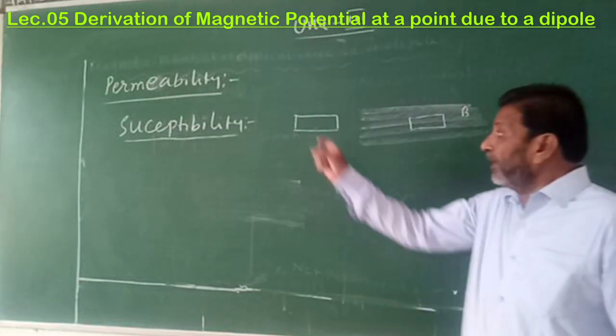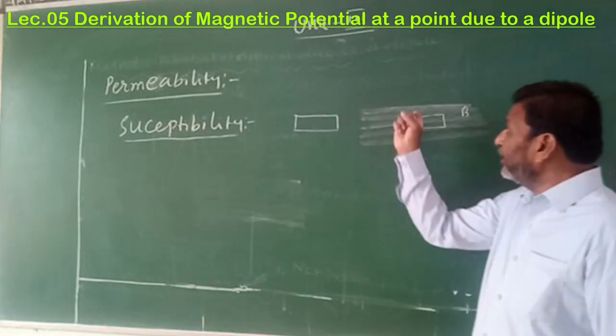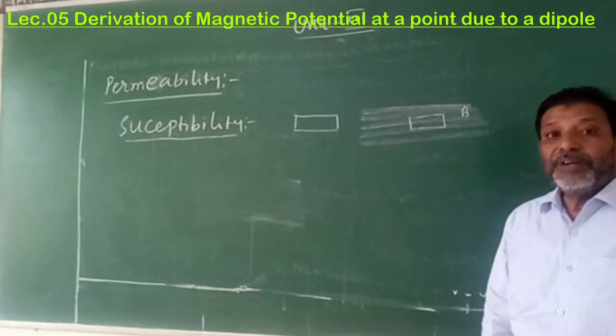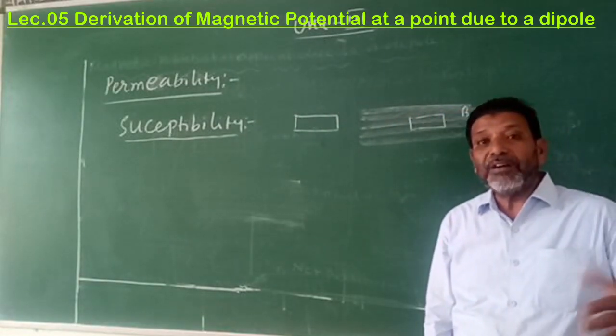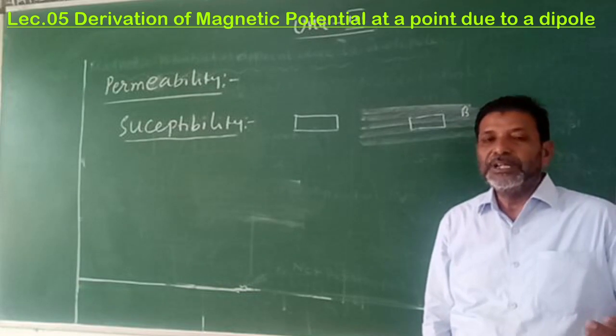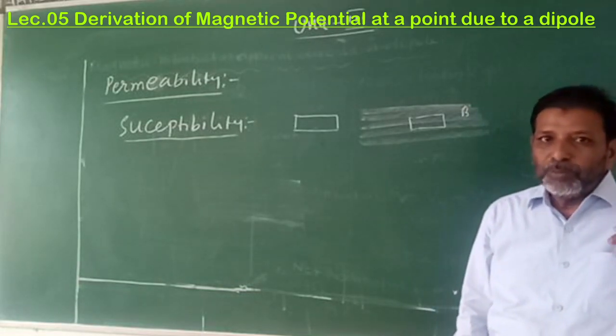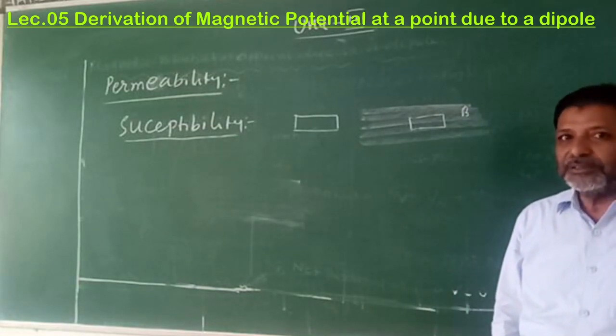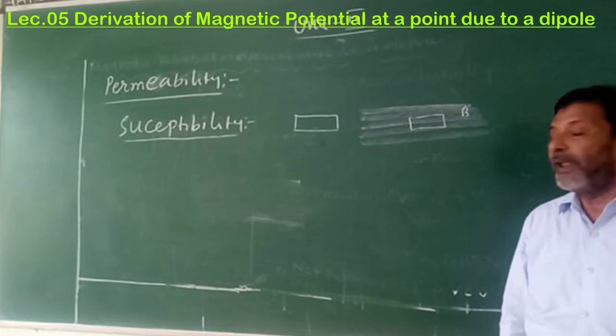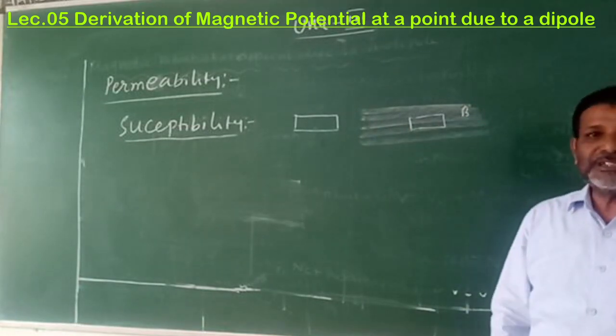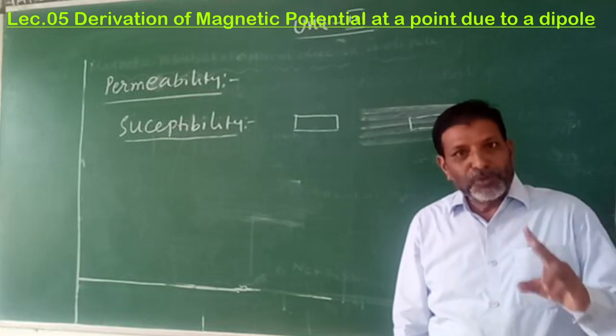That means when any material is placed into a magnetic field, whether it is more converted into a magnet or less, that is the word we use: magnetized. Whether it is more magnetized or less magnetized depends upon two factors.